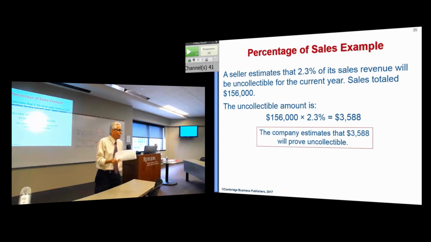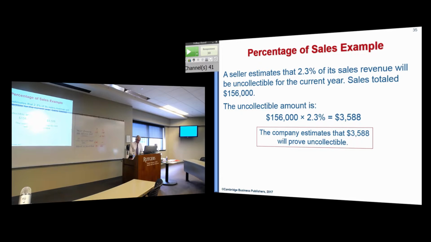Credit sales. So cash sales will not matter. So these are credit sales. And I'll add a little bit more to this after the break as well. But 2.3 is my estimated amount from past years. I believe that based on past experience, 2.3% of credit sales go bad. That becomes the bad debt expense.